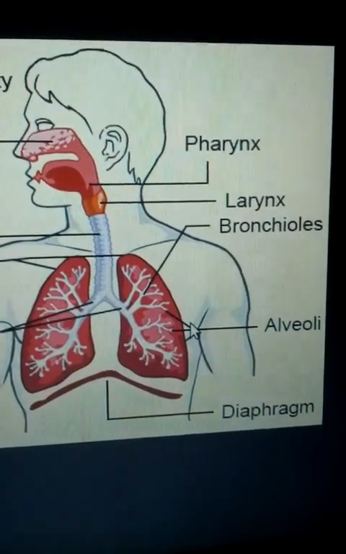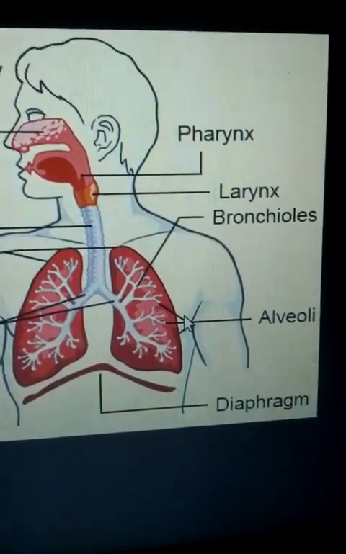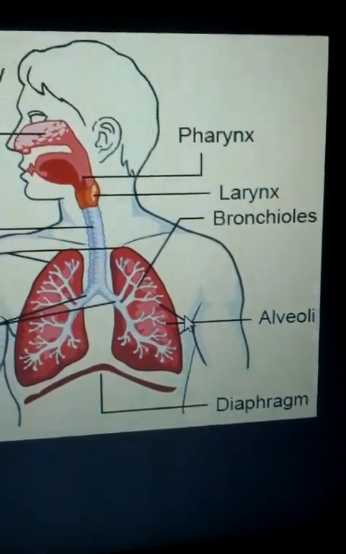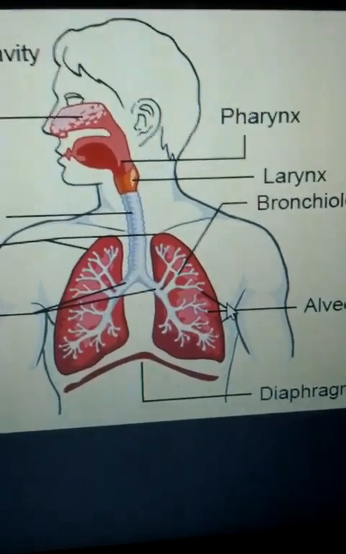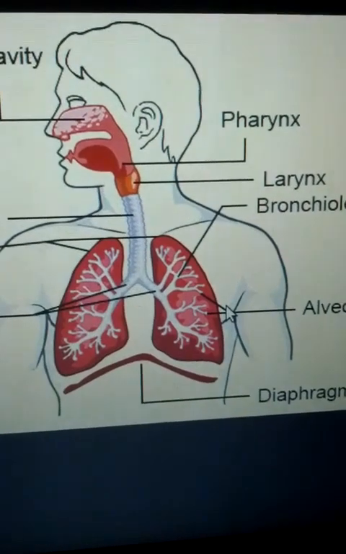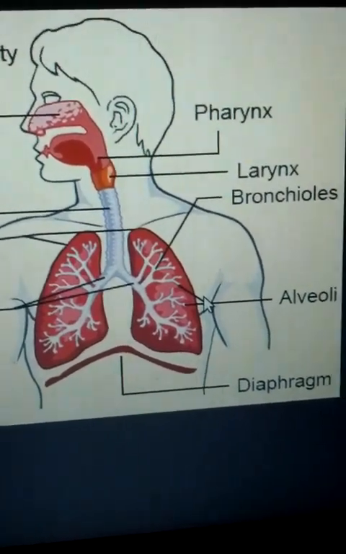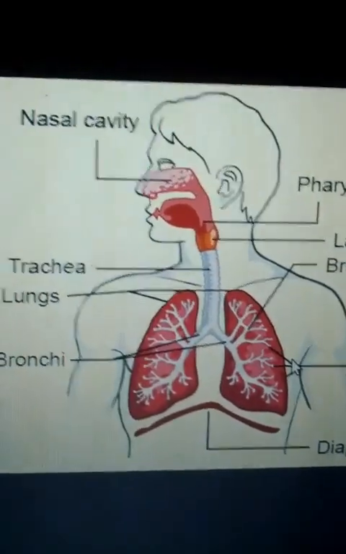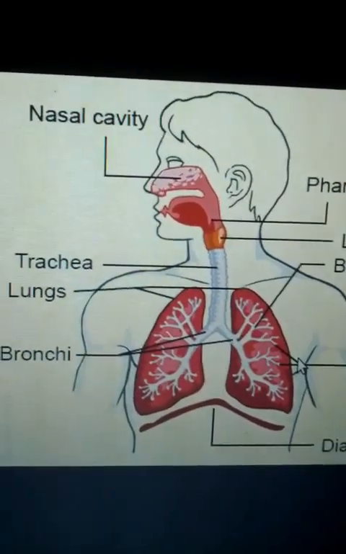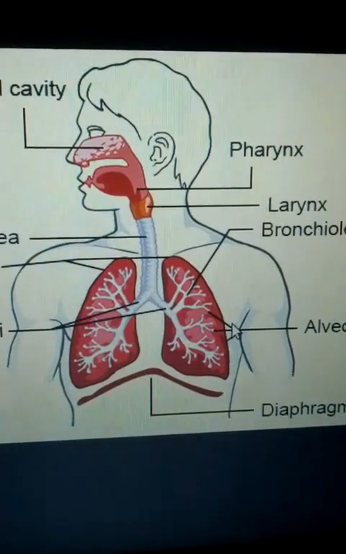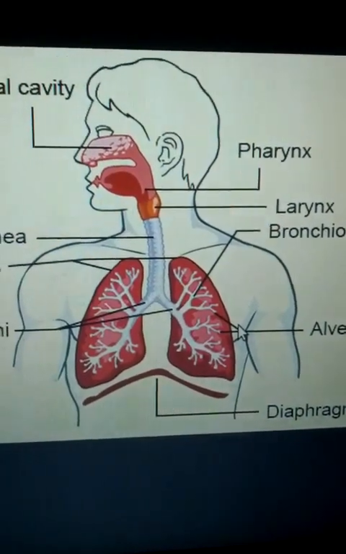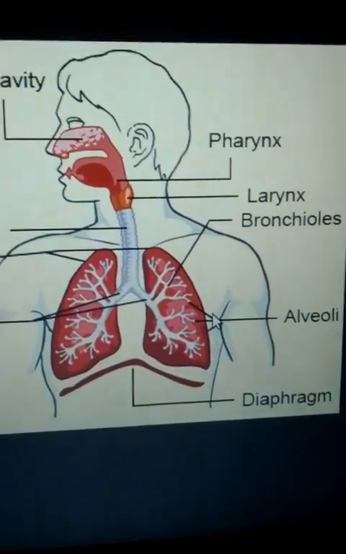There are very small capillaries inside the alveoli, and the oxygen from the air is absorbed through the walls of the alveoli. So the organs involved are the nose, trachea, both lobes of the lungs, and the small bags.